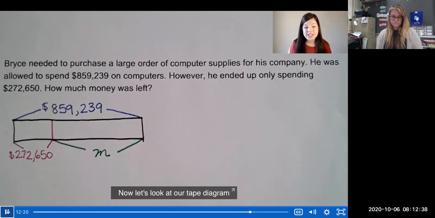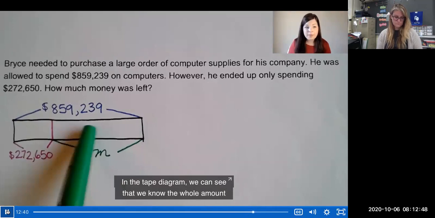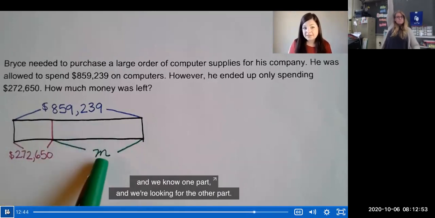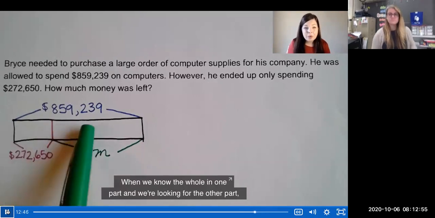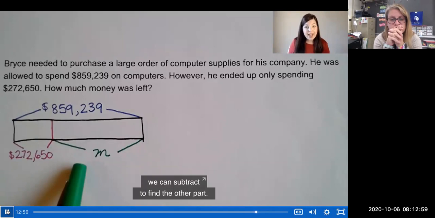Now, let's look at our tape diagram and think about what it tells us about how we can solve. In the tape diagram, we can see that we know the whole amount, and we know one part, and we're looking for the other part. When we know the whole and one part, and we're looking for the other part, we can subtract to find the other part.